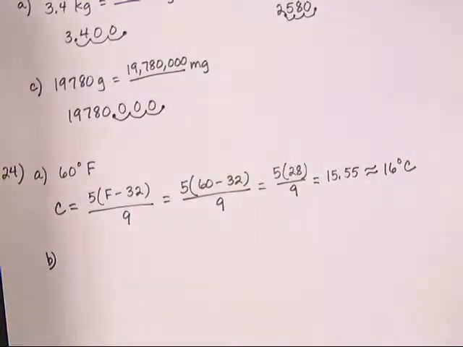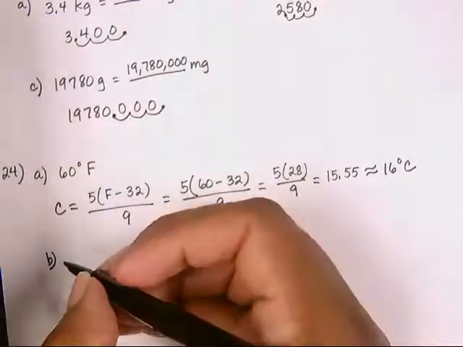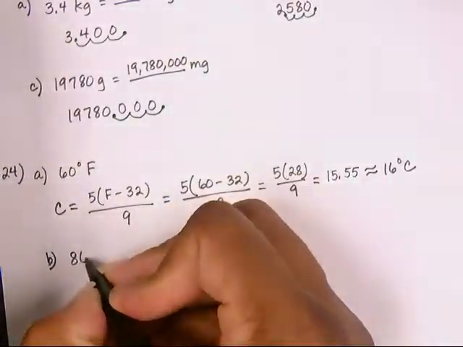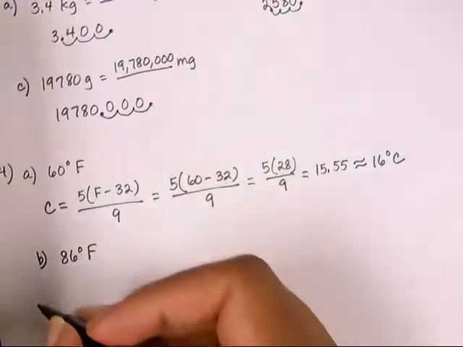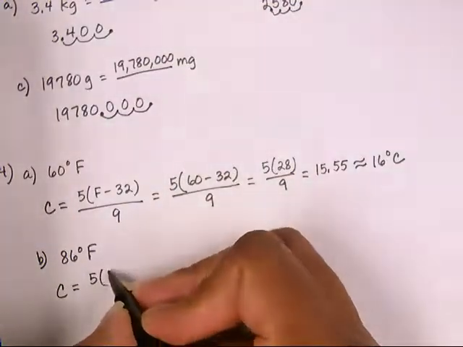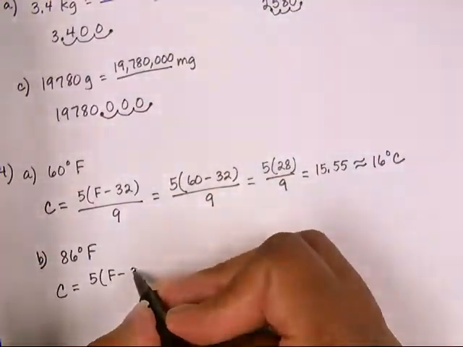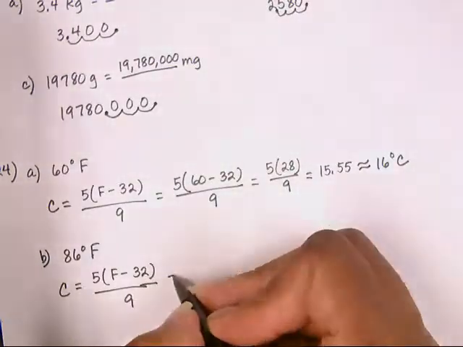And finally, part B is to convert 86 degrees Fahrenheit to Celsius. 86 degrees Fahrenheit, we want to convert that to Celsius using this formula. C is equal to 5 times degrees Fahrenheit minus 32, all divided by 9.